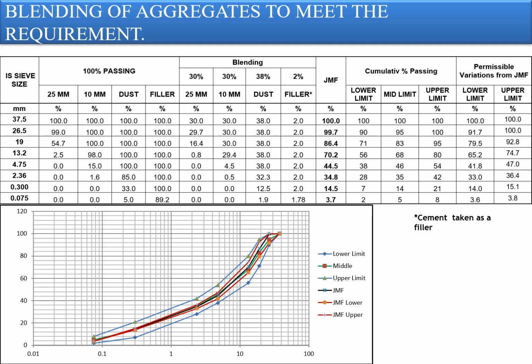Now once you know the percentage passing at each sieve, you can get the tolerance on the JMF with respect to each sieve, and then you get the JMF limits, the permissible variations from JMF upper limit and lower limit, which is closer than the actual percentage passing envelope.